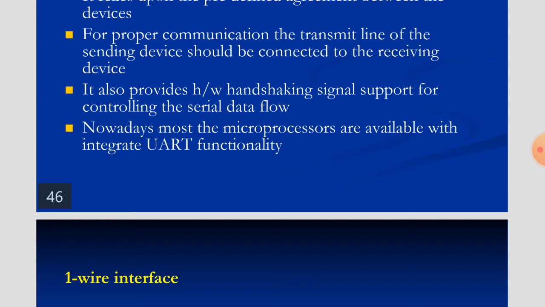As I told, it is asynchronous, so for transmission and receiving to be proper, both connected devices should interchange handshaking signals before the start and after the end of the communication. Before sending, it gives some start bits.